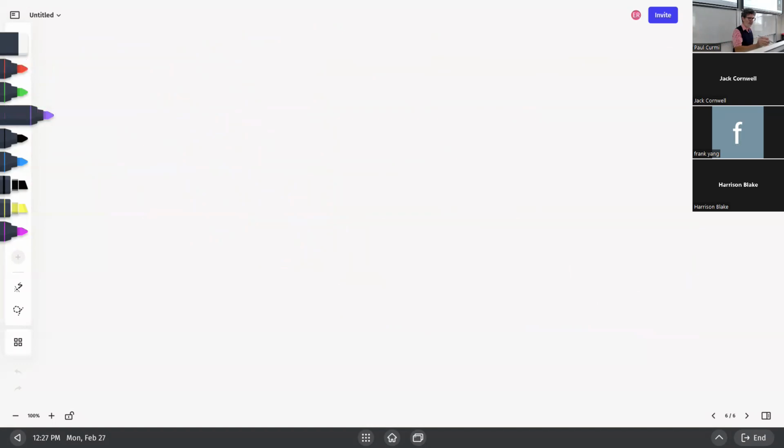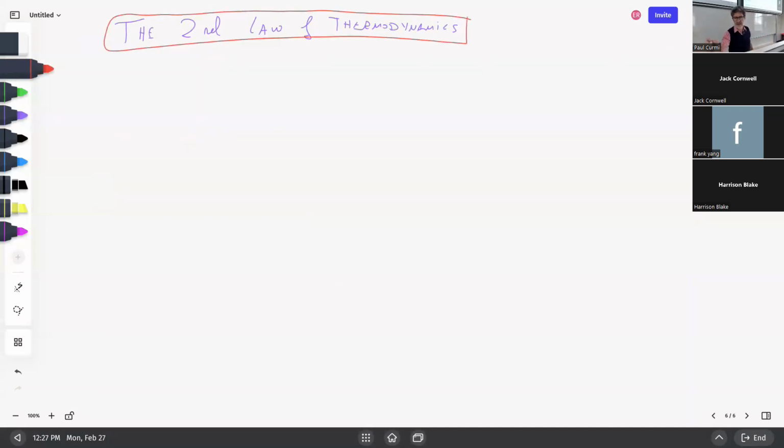Okay, the second law of thermodynamics. This is the lecture proper. The second law has such a status that just saying the second law is enough for a physicist or an engineer to know what you're talking about.